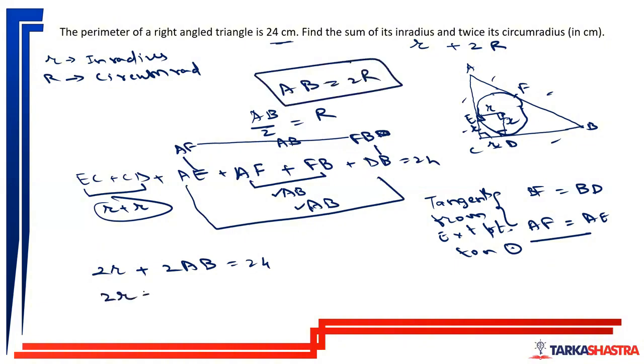So this is 2r plus 4R is equal to 24, of which r plus 2R is equal to 12. This is what we need to find out. Find the sum of its inradius and twice its circumradius, which is equal to 12.